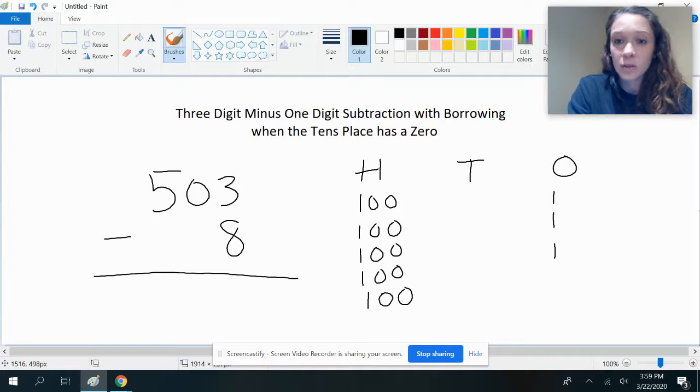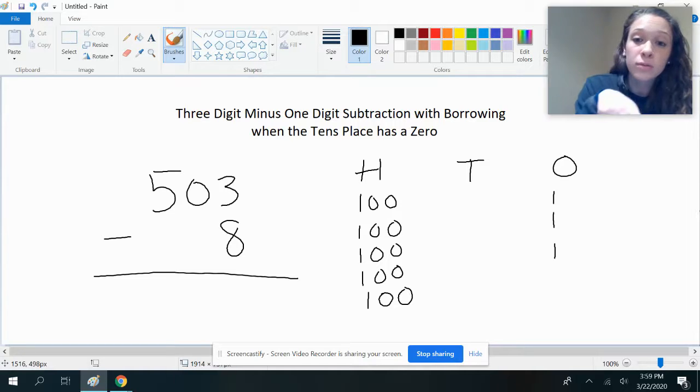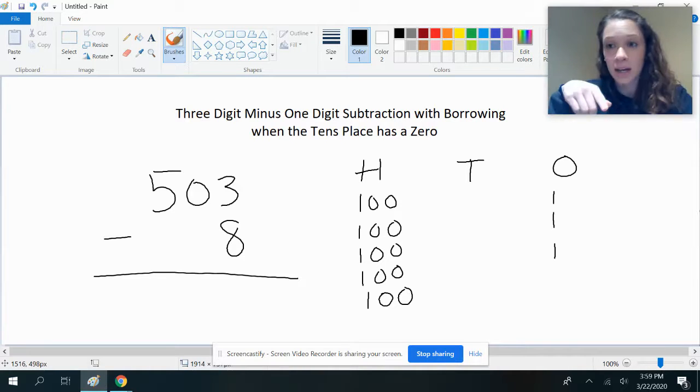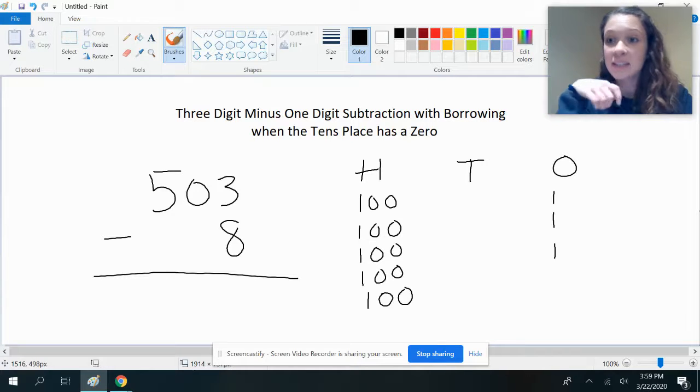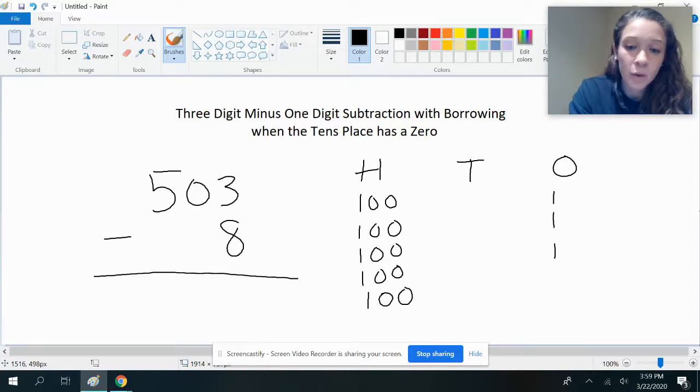Now what I'm going to do is I'm going to borrow. But remember, I can't borrow from the 10s yet because there's nothing there. So that means first thing I need to do, if there's a 0 in the 10s place, is I need to borrow from the hundreds place so that I can have some 10s there. So I'm going to circle one of my hundreds, show my arrow that I'm bringing it over to the 10s.